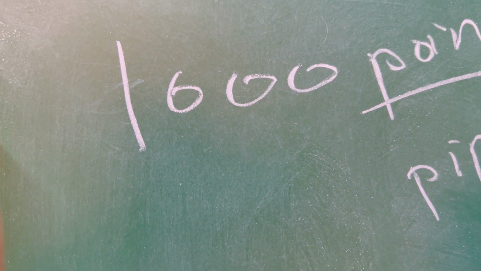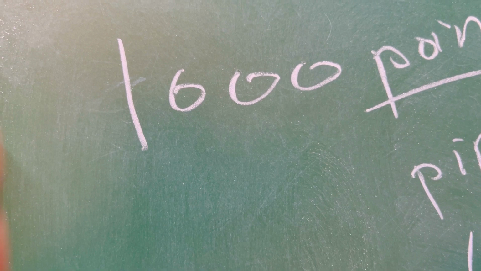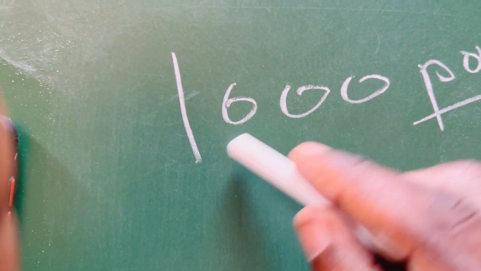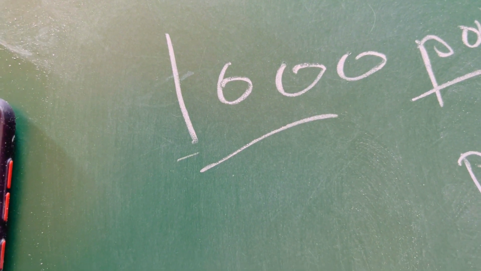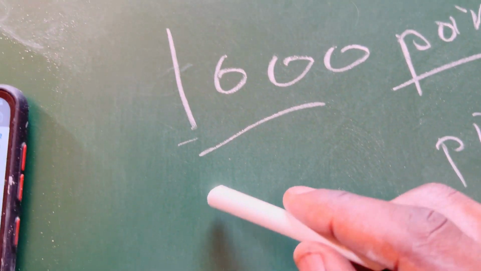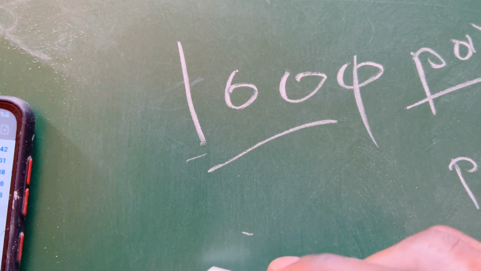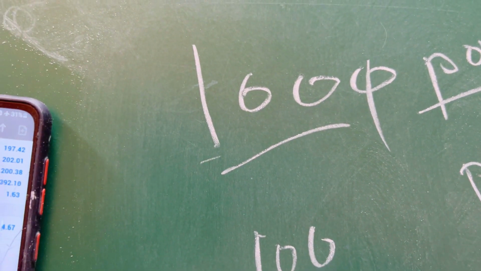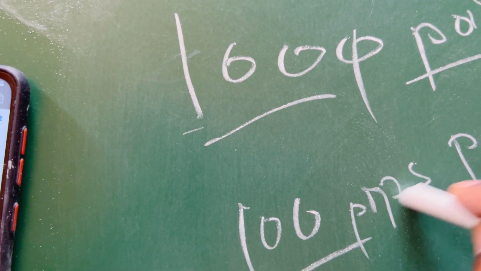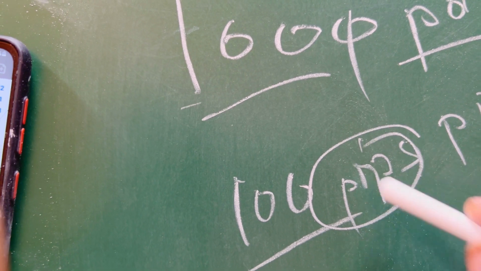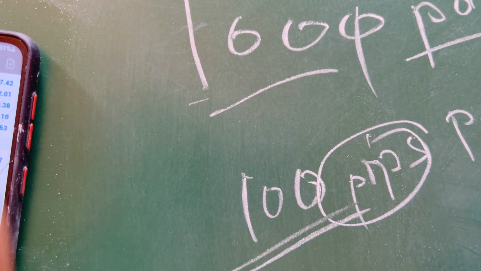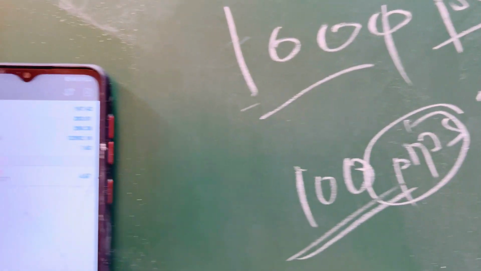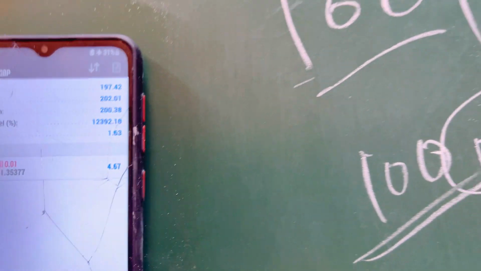The pip factor is 10, which means you divide this number by this number, and you get 100. So you profited 100 pips. If someone is putting it in this format, it's 100 pips, which is 1,000 points. All right, I believe now we understand, and this is how it is.